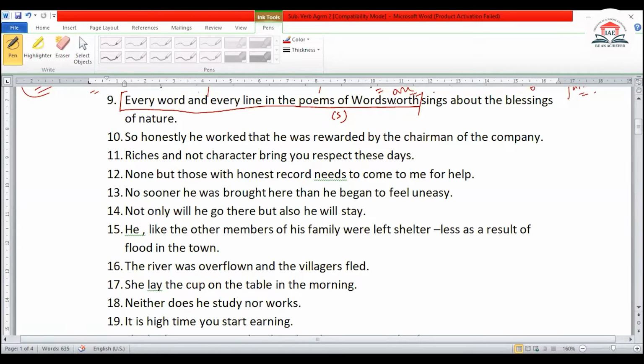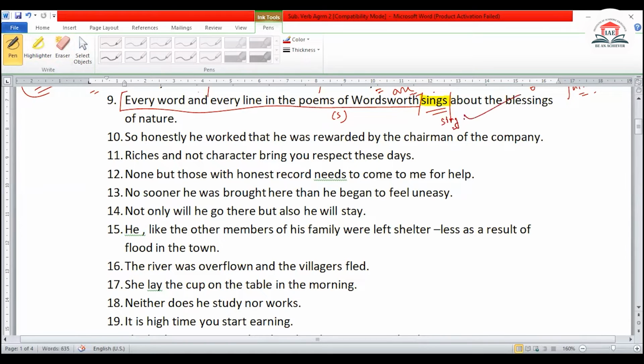It will be singular. Sure? Anybody else? See, take it in a very easy way. Your answer is correct. Number one, no error.